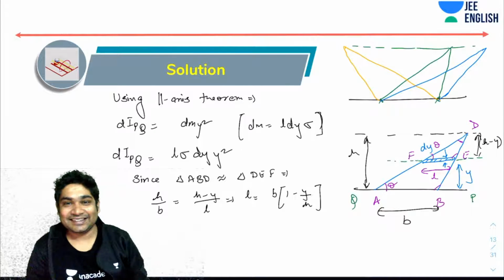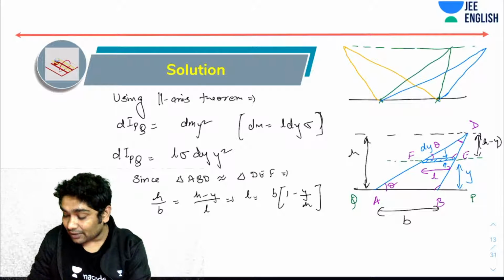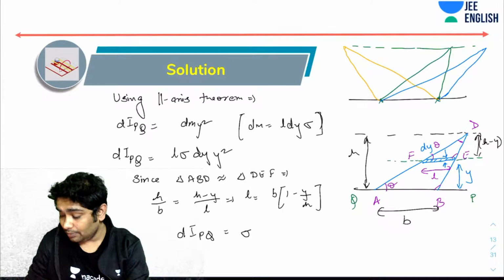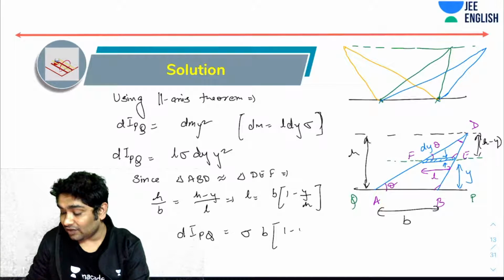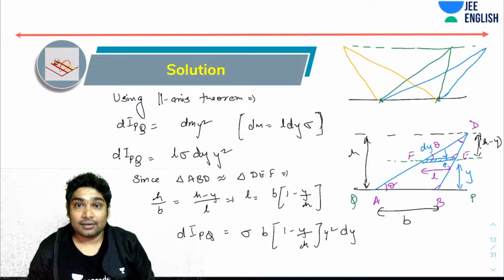Okay, all right. Now if I substitute that, let's see what I'm getting. dI_PQ becomes equal to sigma b times (1 minus y over h) times y squared dy. Correct?